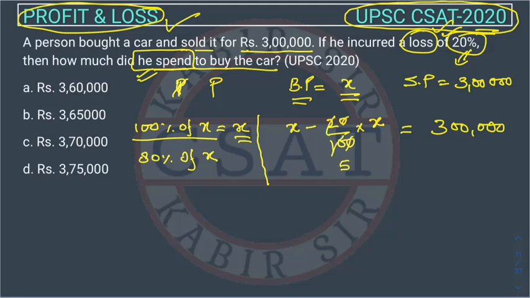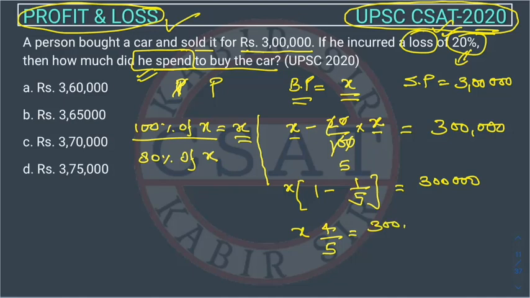You can cancel this, then take x common. So it will become x(1 minus 1/5) is equal to 3 lakhs. With 5 as the LCM, 5 minus 1 is 4, so x times 4/5 is equal to 3 lakhs.